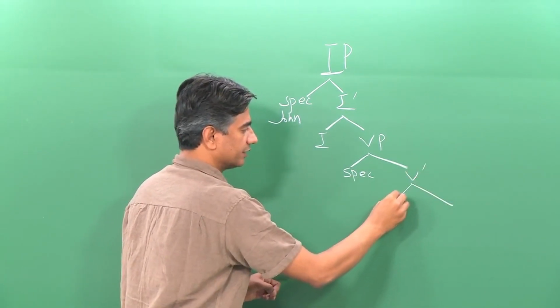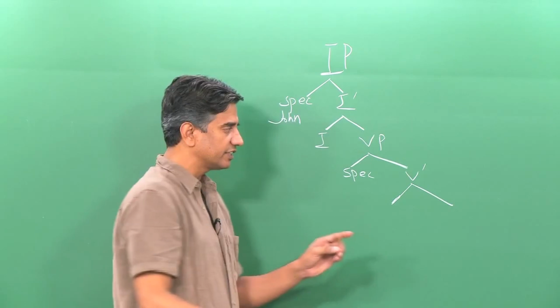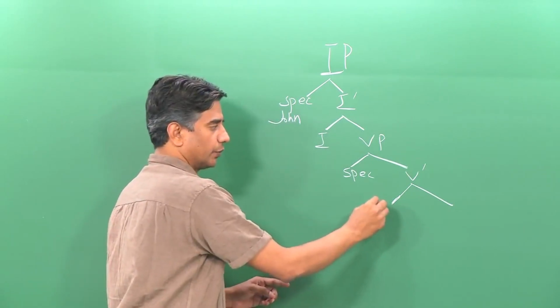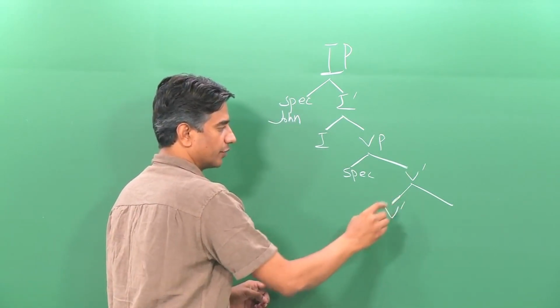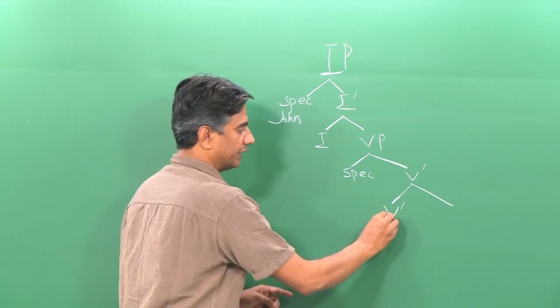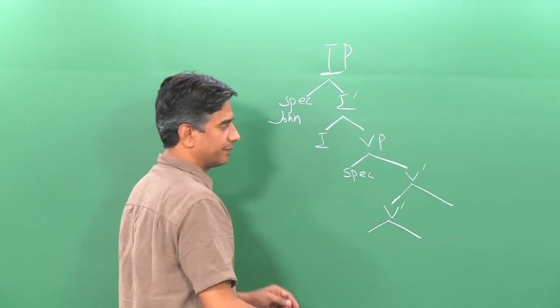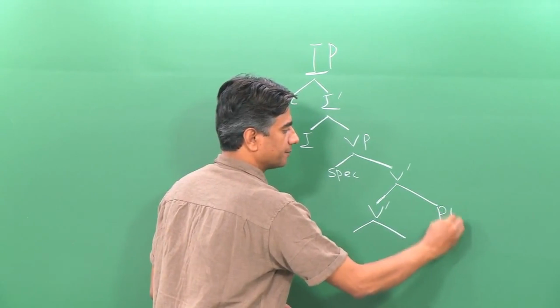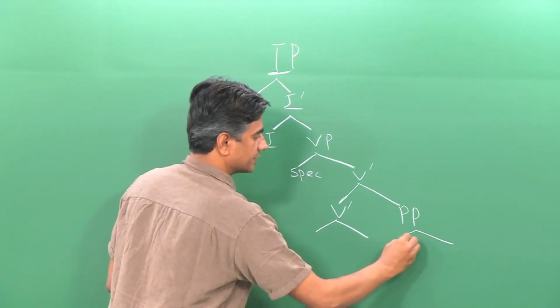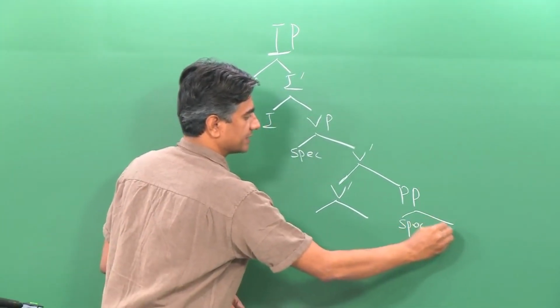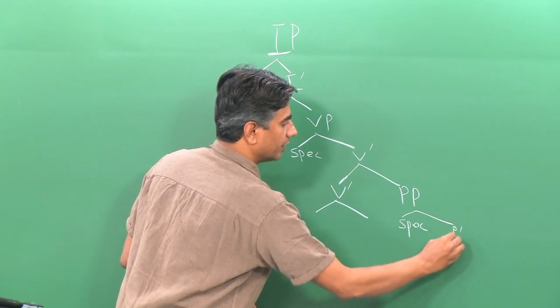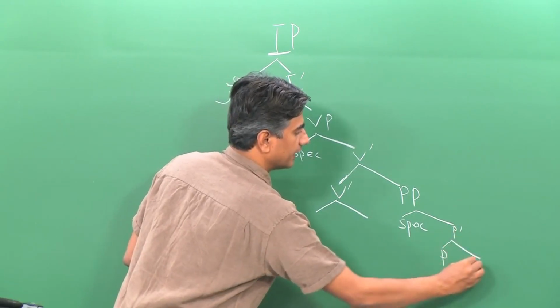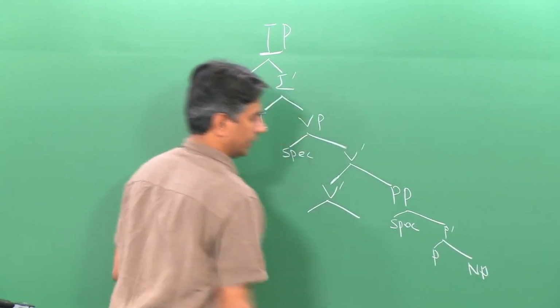Actually, because we have an adjunct in this case, we will need an adjunct position, therefore we will need an extra V bar for representing this PP, which is again specifier, P bar, P and NP.